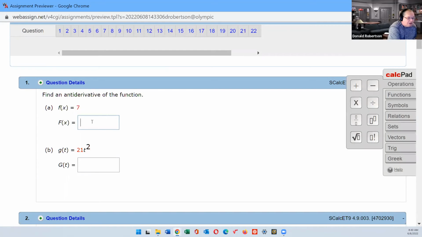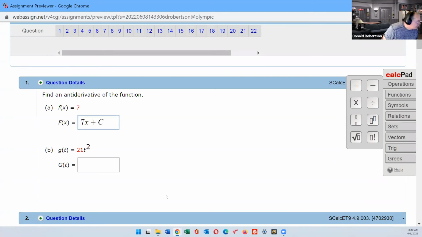So the antiderivative of 7 would simply be 7x plus your constant C. I believe that WebAssign is very touchy, so make sure it's a capital C and not a little c. I've got a recollection that somebody last time said it didn't like little c.